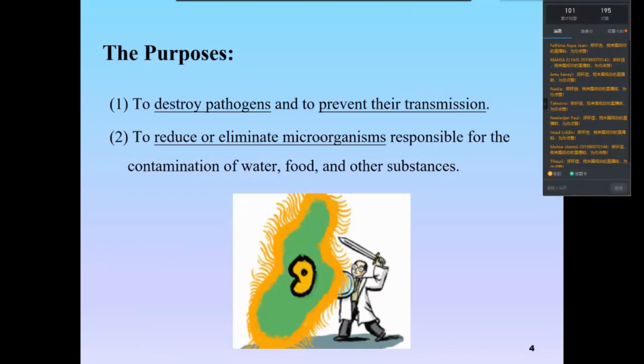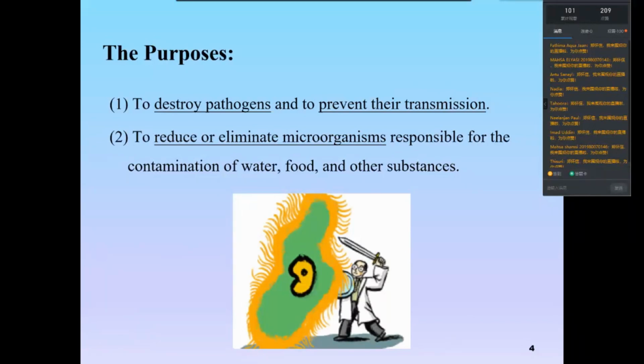The other is that we can reduce or eliminate microorganisms responsible for the contamination of food, water, and other substances. And this is kind of related to our everyday life. And we learn that the microorganisms are everywhere, surrounding us, on us, in us. And some of them can cause disease.